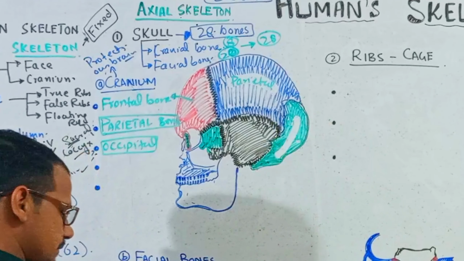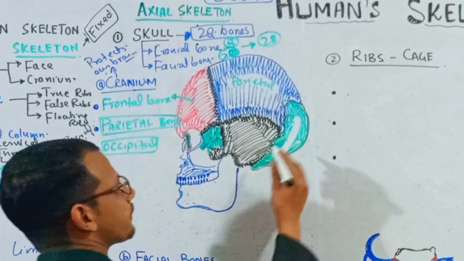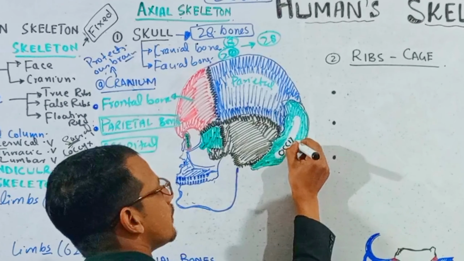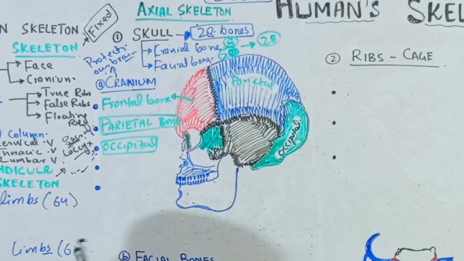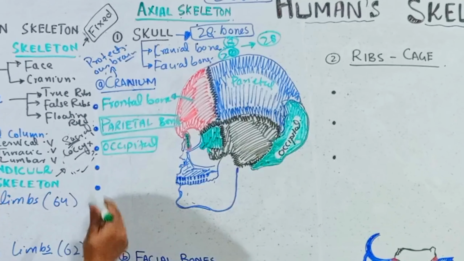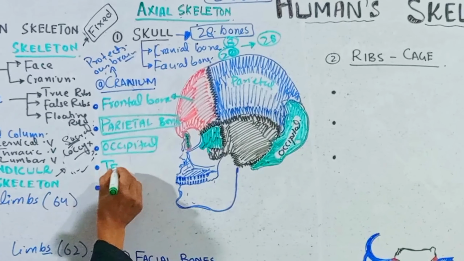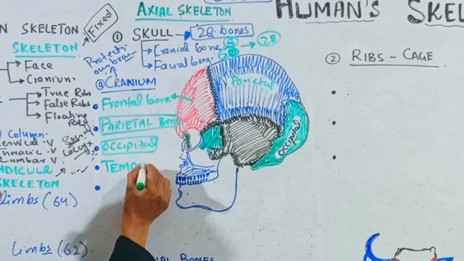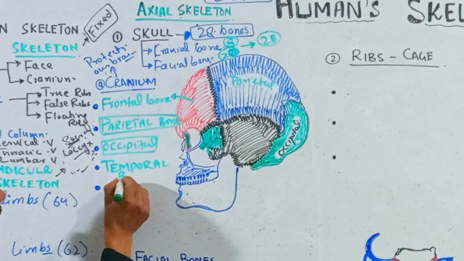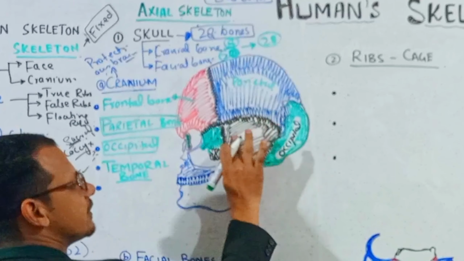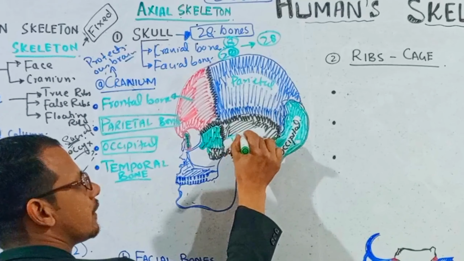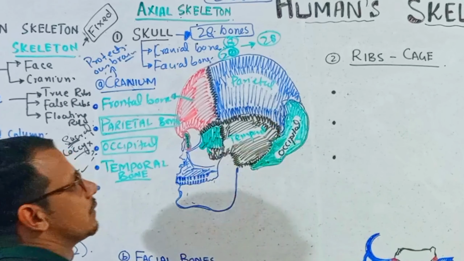This is the occipital bone. Right, the next is the temporal bone. This black bone is the temporal bone.